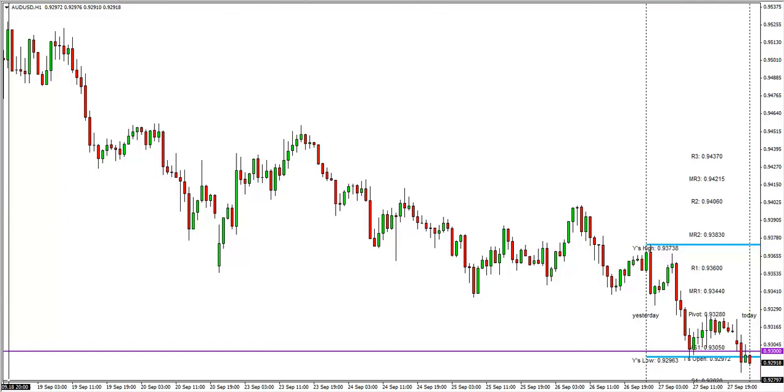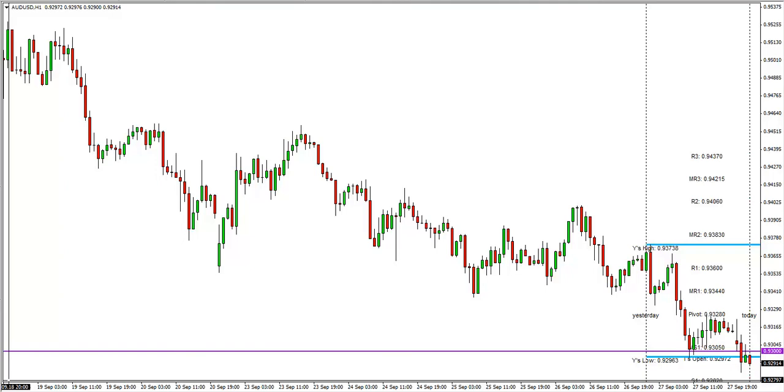So entry, it is 0.9300 with a protective stop for medium and long term, right above 0.9400. This is a 100 pip risk. First target is set at 0.9250 for a gain of 50 pips. Our second target is at 0.9200 for 100 pips.